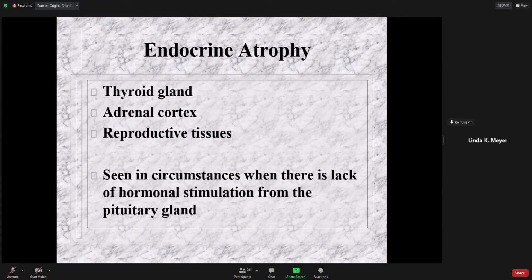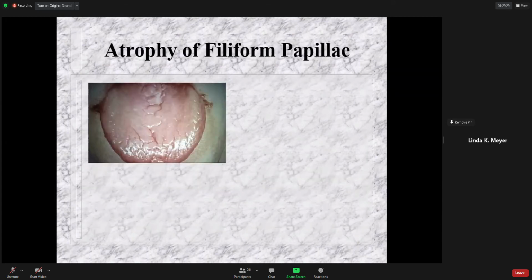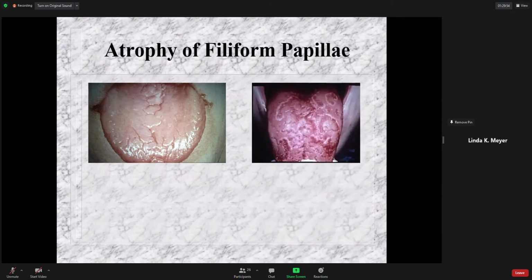Okay, so as you can see, there are a wide variety of different classifications of atrophy. And here's an application where it doesn't fit into those categories that I mentioned. It's more like a nutritional atrophy, because the filiform papillae are missing. Again, I know I keep showing this iron deficiency anemia, but when the tongue has a smooth, bald appearance with a decrease in the filiform papillae, the term atrophy is applied.